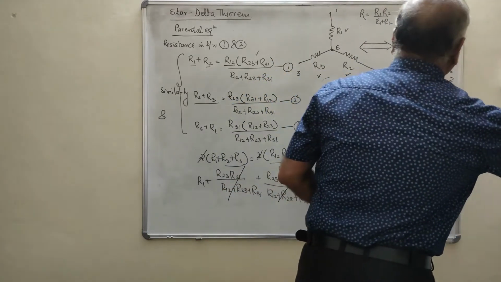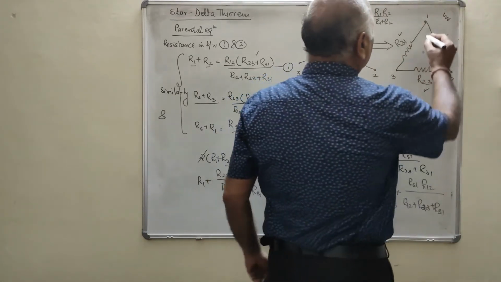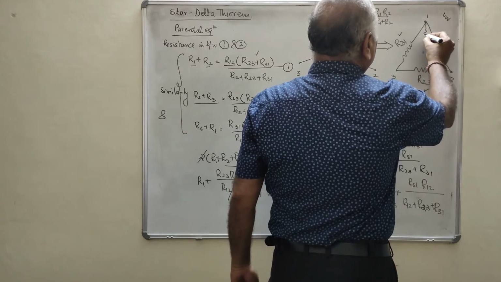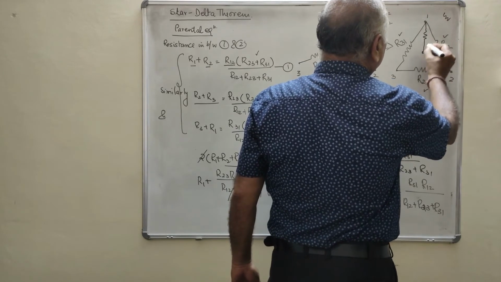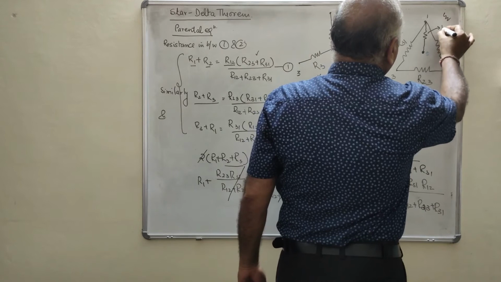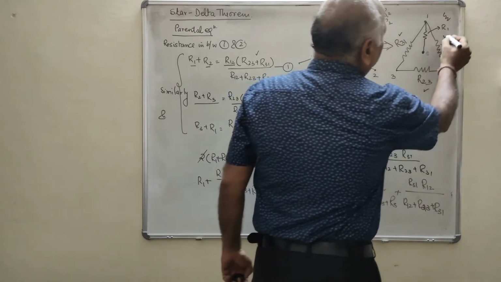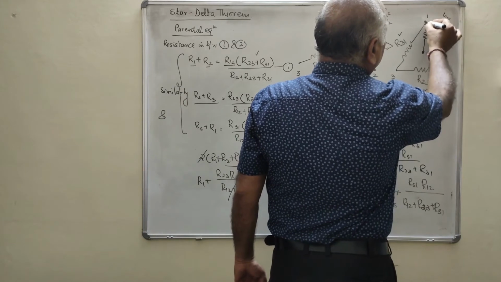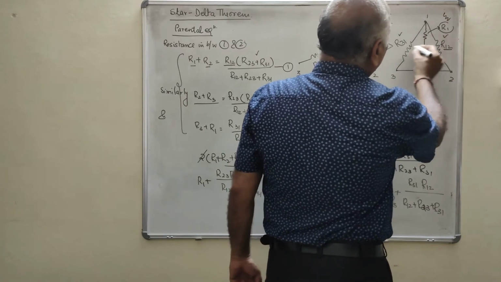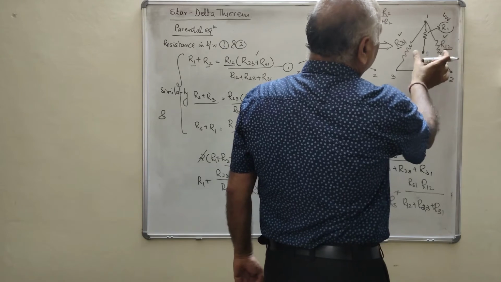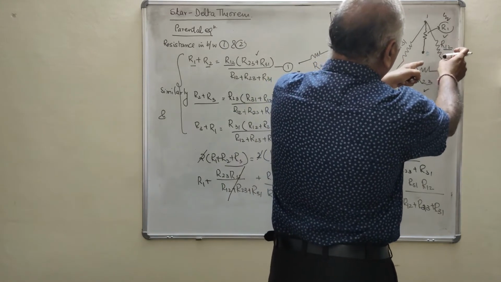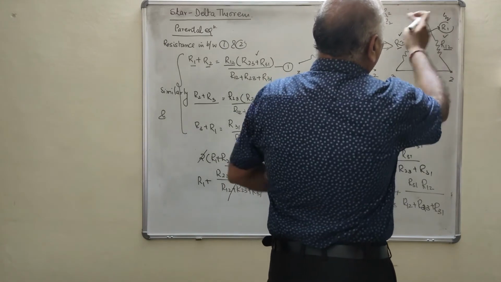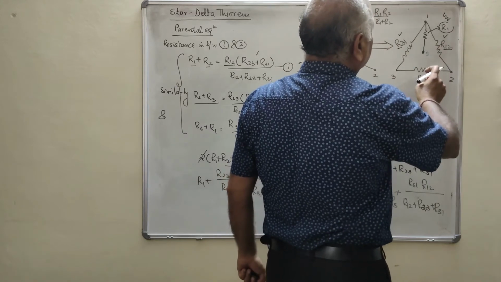When we join this 1 to this S, then this will be your R1. See, at 1, what are the resistances joining? R12 and R31. That means the product of R12 and R31 upon the sum of the 3 resistances.